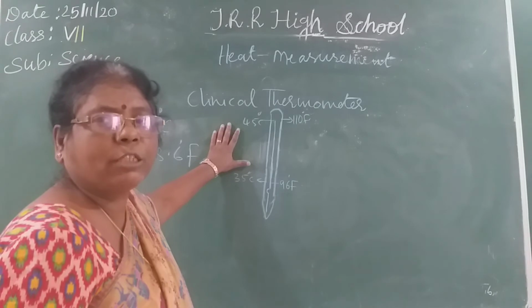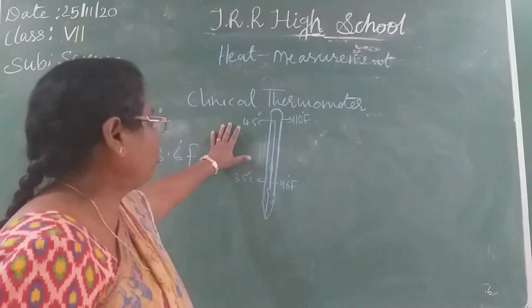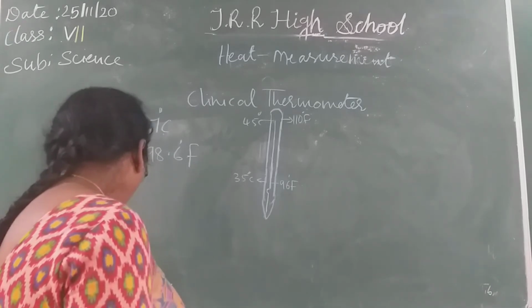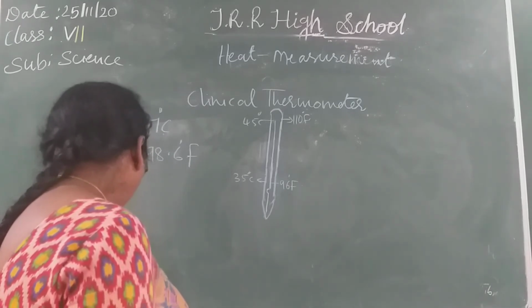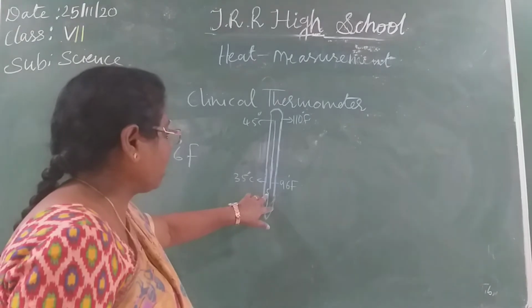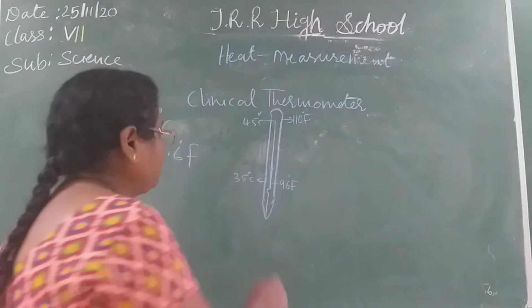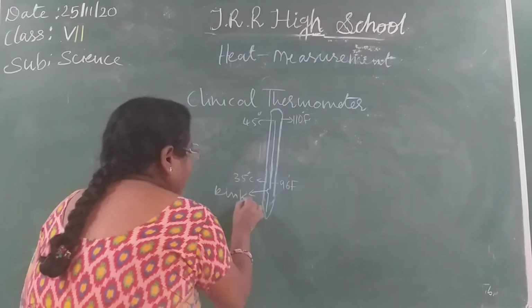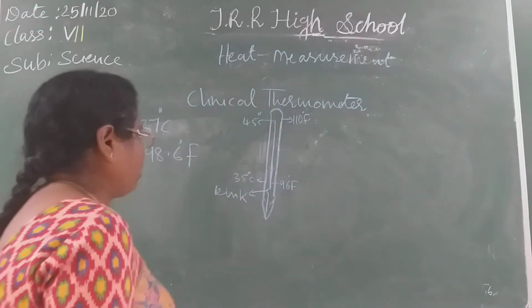So these are the measuring scales. So what is the use of the kink? It prevents the mercury level from falling. It is called a kink.